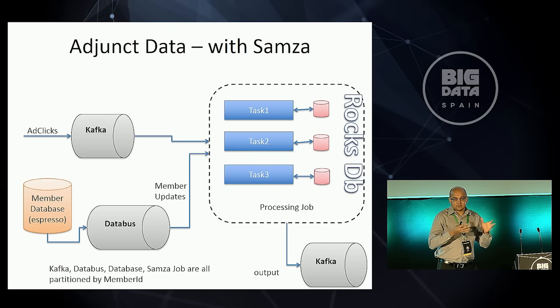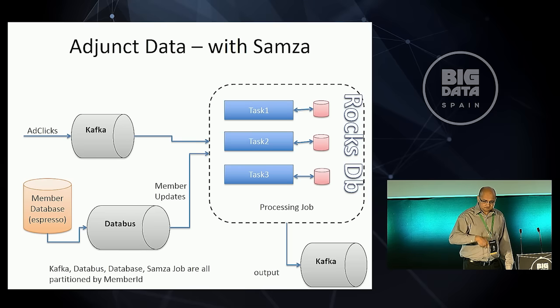With this, we are able to keep a clone of the member database locally in the job. By the way, there are other systems out there. DynamoDB just recently, maybe a couple months ago, released DynamoDB Streams, which does exactly the same thing as Databus. The same mechanism can be used in other systems, basically.